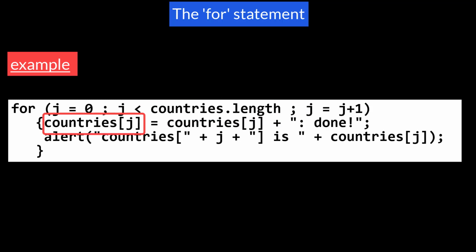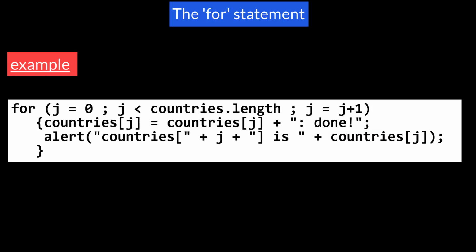Countries of j, that is the current array element, equals countries of j plus, and then the string literal, colon space done exclamation point. Second statement, alert. Countries plus j plus is countries j. So that will display the current value of the current entry.